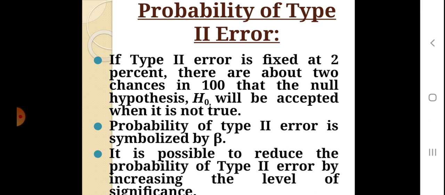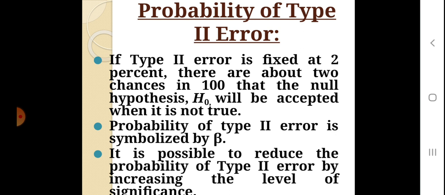If the type 2 error is fixed at 2%, it means that there are about 2 chances in 100 that the null hypothesis, that is H0, will be accepted when it is not true. The rate or probability of type 2 error is denoted by beta, and is also termed as the error of the second type.